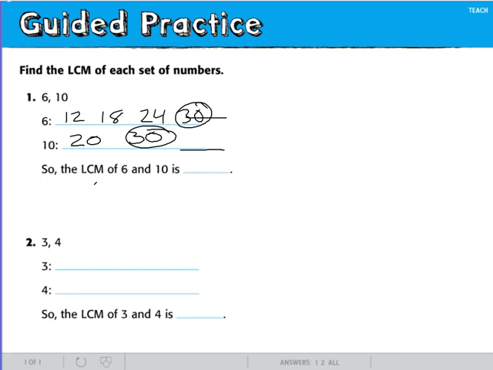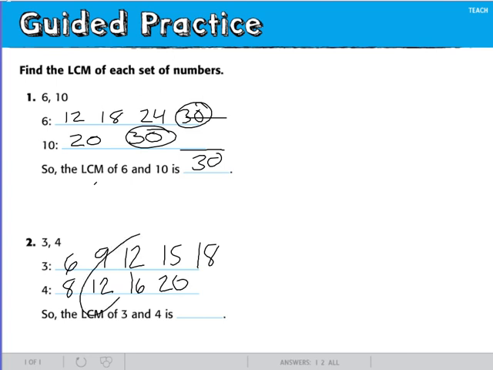The 30s are the first numbers that show up that are the same, so my least common multiple is 30. Coming down to number 2, 3 and 4. 3, 6, 9, 12, 15, 18. 4, 8, 12, 16, 20. The 12 showed up first. My least common multiple is 12.